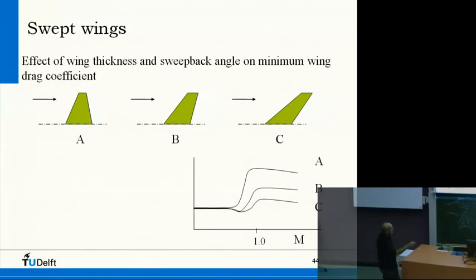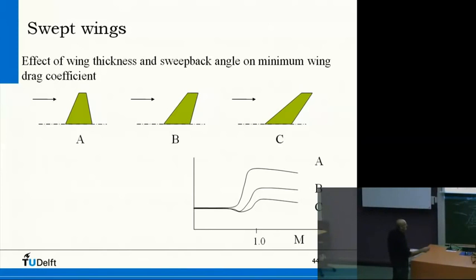In C, this 9% thick airfoil, what without sweep would have a very low drag divergence, now has a drag divergence somewhere here. It goes from here to there, which is quite significant in terms of speed in cruise, and this is all because of the sweep.